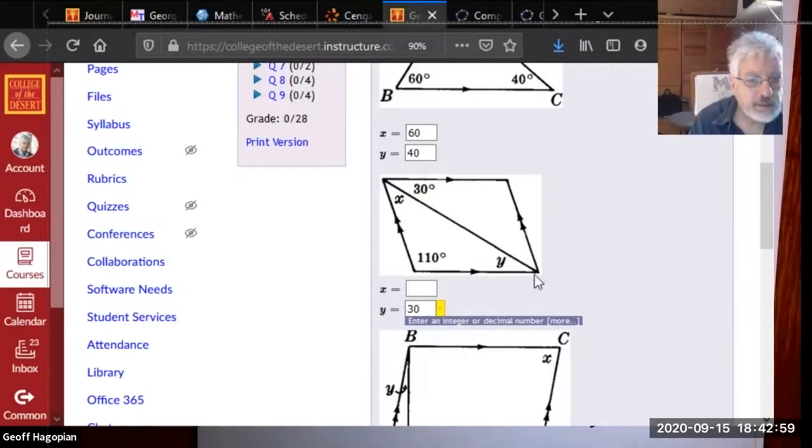Well, this angle down here must be the supplement of 110 degrees, which is 70 degrees. So if we know that y is 30 degrees, then x must be 40 degrees. The opposite angles of a parallelogram are congruent. So maybe I'm sort of jumping here. Maybe let's come back to this, okay?